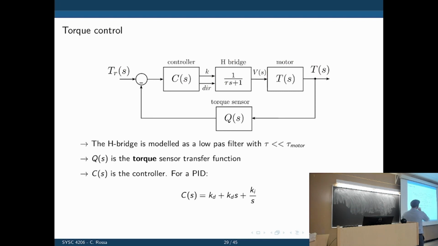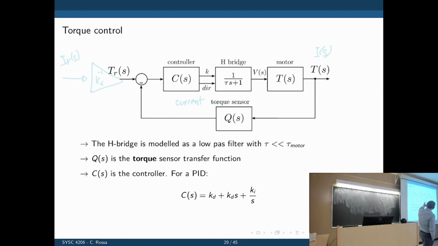So here, let's go back to how we implement that in reality. We have the motor. We apply a voltage, you get a torque or a current. Right? We can call this current. And then instead of torque sensor, we have a current sensor. And then instead of desired torque, we have a desired current that we divide by Ki to get a desired torque.